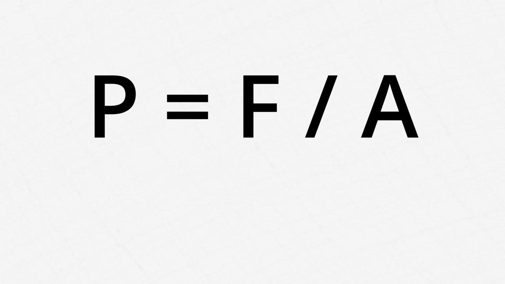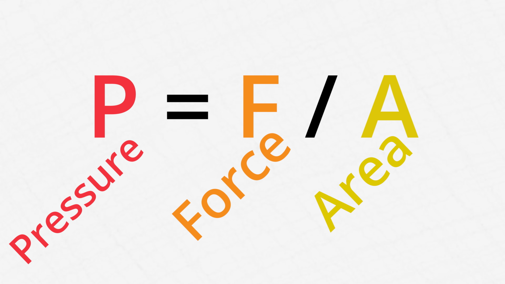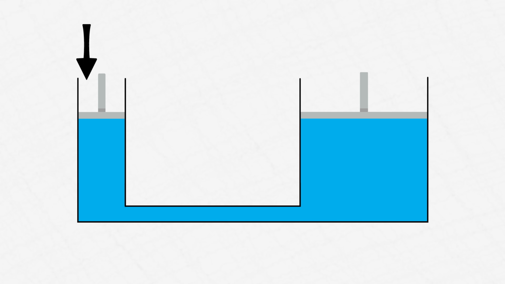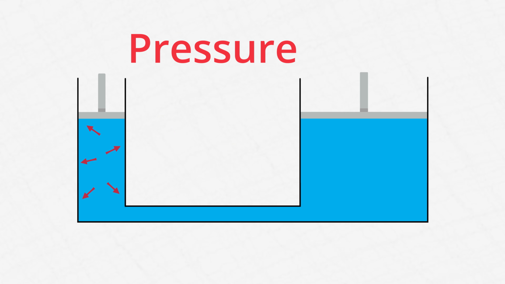Pascal's law is represented by the mathematical formula P equals F divided by A, or pressure equals force divided by area. When you push on the small side of the hydraulic press, you're applying a force over a small area, which puts pressure on the fluid. Since the pressure is dispersed throughout all parts of the fluid evenly, the fluid on the big side of the press experiences the same amount of pressure.